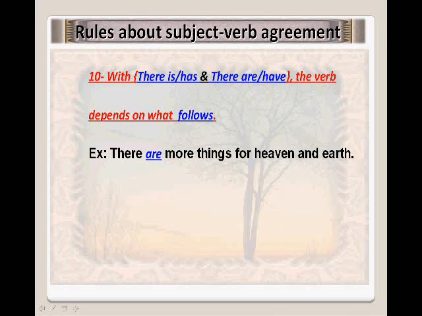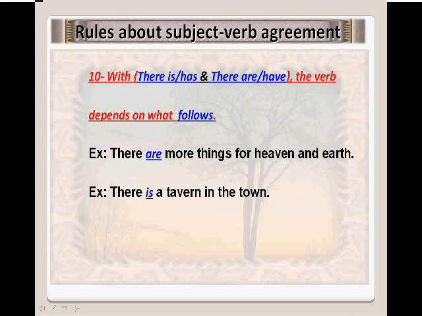So here we have there. Why did I put are? Because the verb depends on what comes after it, what follows it: things. That's why I'm putting are as plural, because what came after it is the word things, which is plural. So that's why I had to use there are.